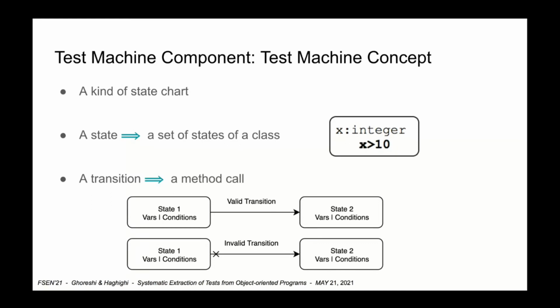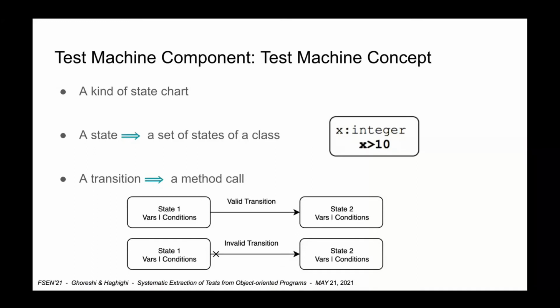Transitions connect states together. A transition in a test machine means calling one of the class methods. So by calling a method, we transfer from one state to another. In a test machine, transitions are divided into two categories. The first type is a valid transition. We have this kind of transition when, by calling a method in one state, we go to a destination state which is consistent with the logical model.